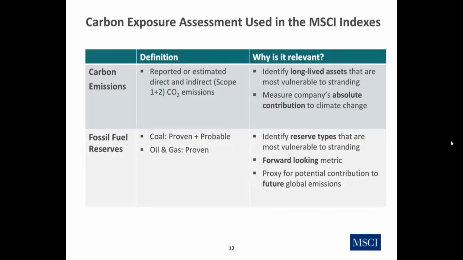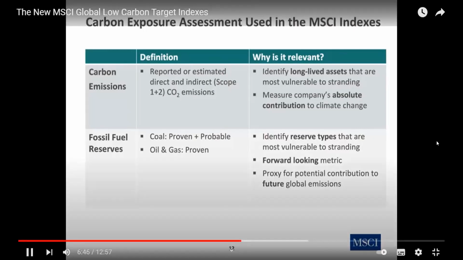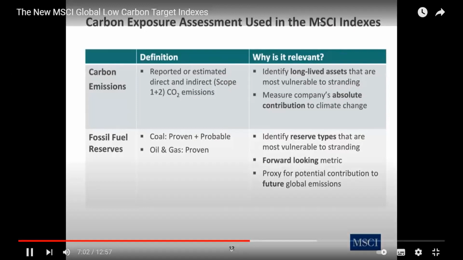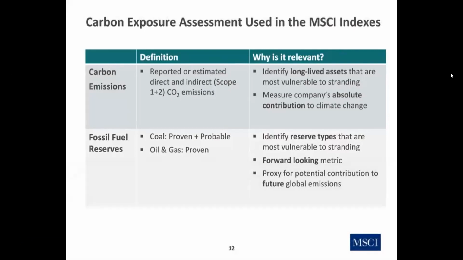Turning now to fossil fuel reserves data, MSCI collects data on oil, gas, and coal reserves in the ground, unextracted from the earth but on the balance sheets of companies. For the development of the MSCI Global Low Carbon Target Indexes, only fossil fuel reserves used for energy production are taken into account. The data is updated on an annual basis and based on information disclosed by companies.